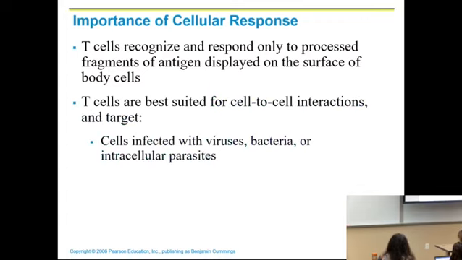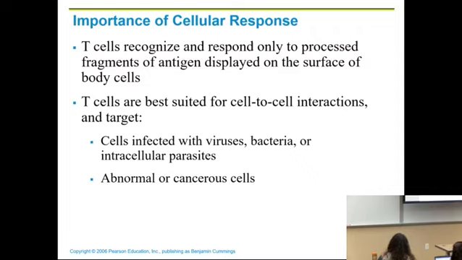So T cells are very effective against things like cells that are infected with viruses. There are some intracellular bacteria, some very small ones, and other types of within-cell parasites, stuff that's hiding inside of our cells. T cells are also good for cancerous cells, our own cells that are now replicating out of control, right?